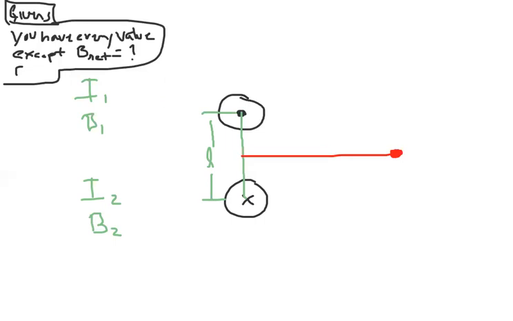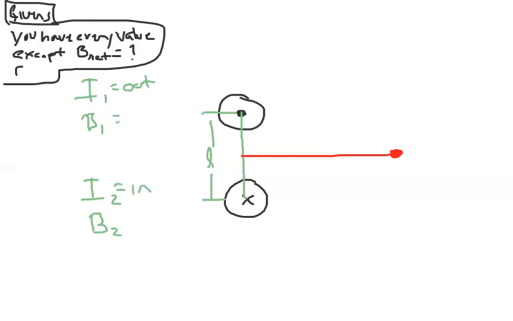The first thing that we do is use our right-hand rule. So I1 is sticking out, and I2 is going in. That's their direction.